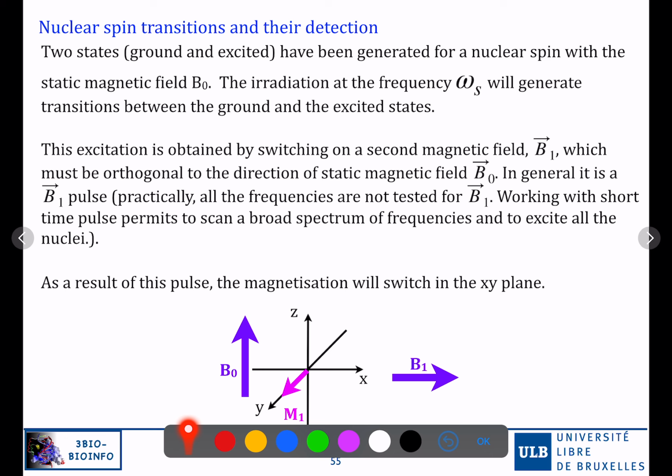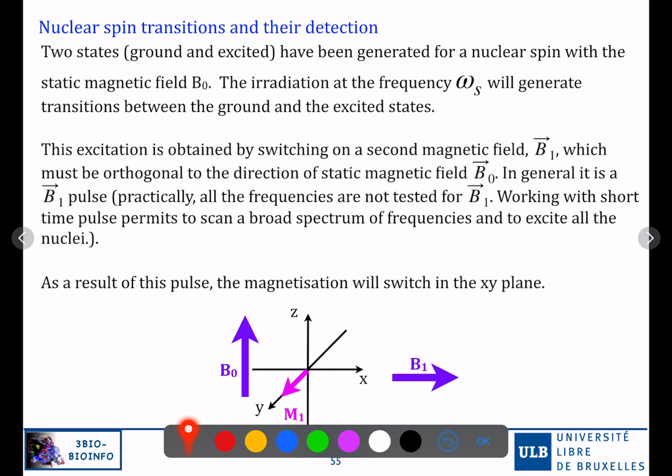But in general, what we will do is to work with a very brief pulse of B1. So we will not test all the possible frequencies, but we will work with a very short time pulse, and doing that you can scan a broad spectrum of frequencies and obtain an excitation of all the nuclei.